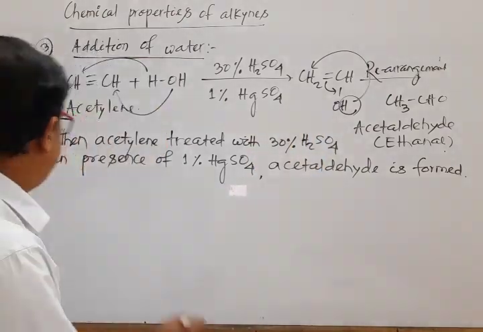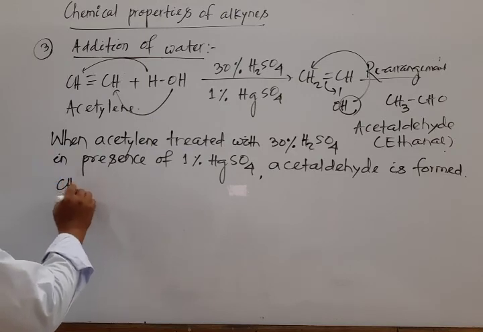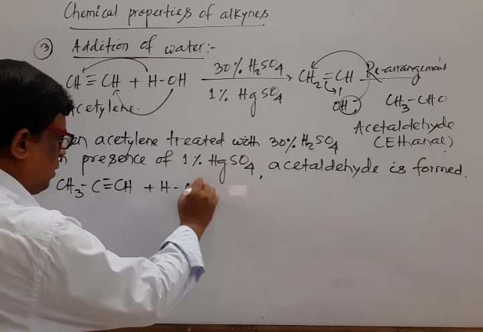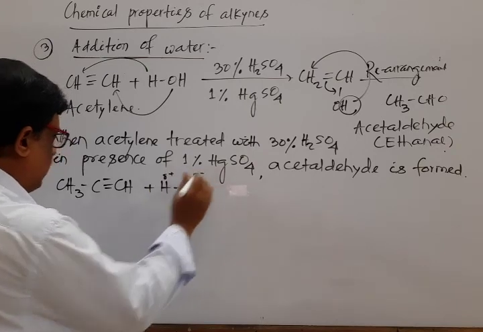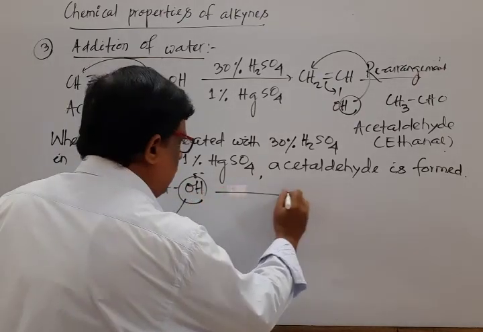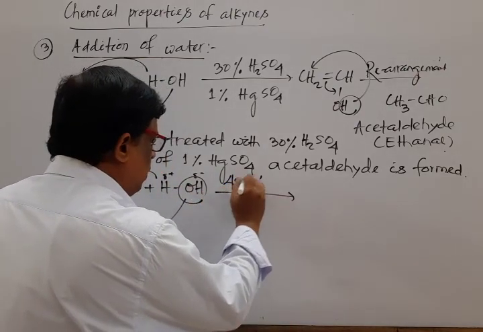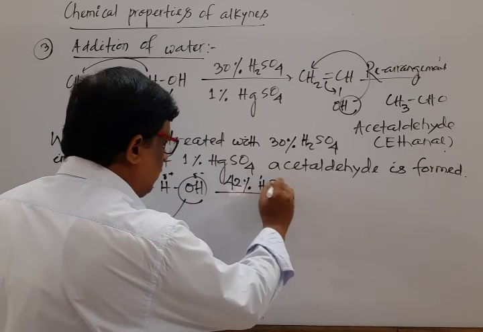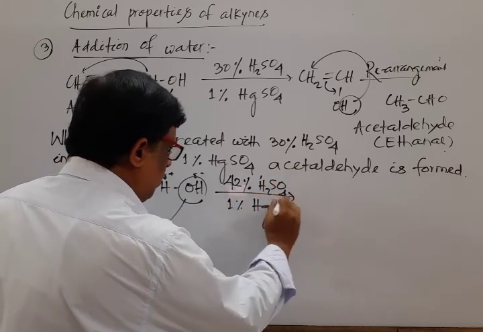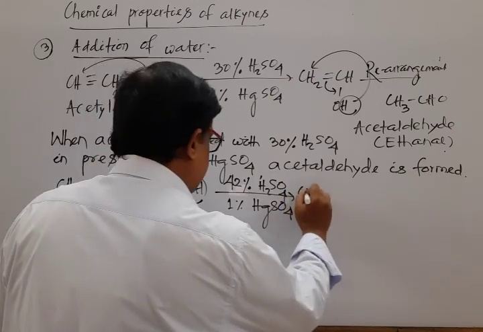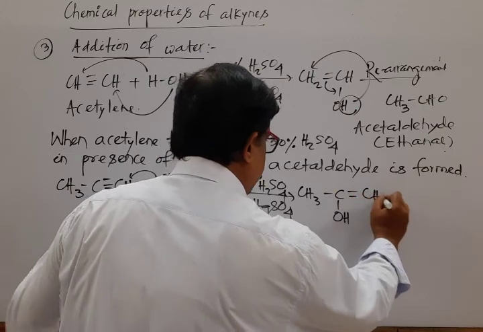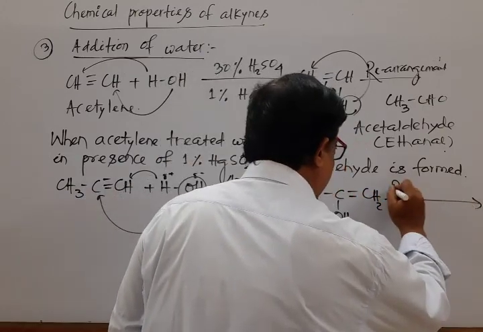Mark that. Suppose the next member is propyne, CH3C≡CH plus HOH. Mark that it is unsymmetrical, so follow Markovnikov's rule. In presence of 42% sulfuric acid and 1% mercuric sulfate, what happens? CH3C(OH)=CH2, then rearrangement.